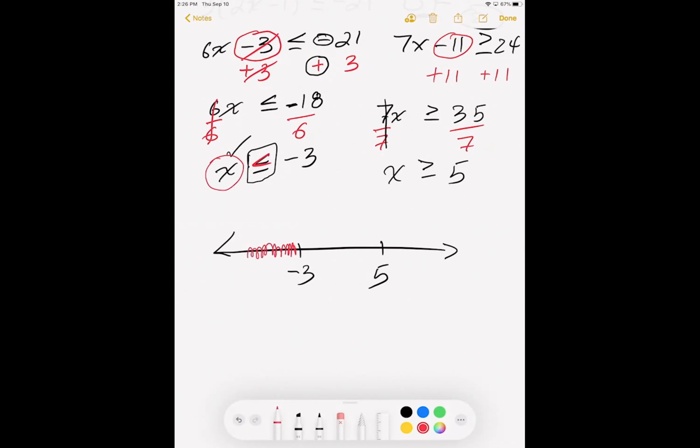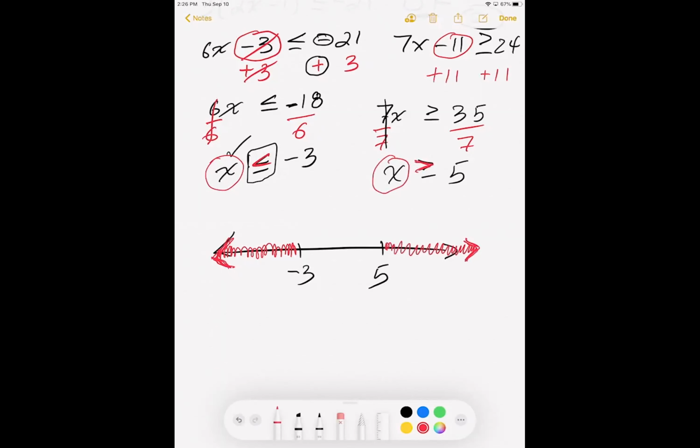So anything to the left of negative 3 is smaller than negative 3. And vice versa, my x is on the left and this points to the right, meaning I shade anything to the right of 5, bigger than 5, larger than 5, okay?